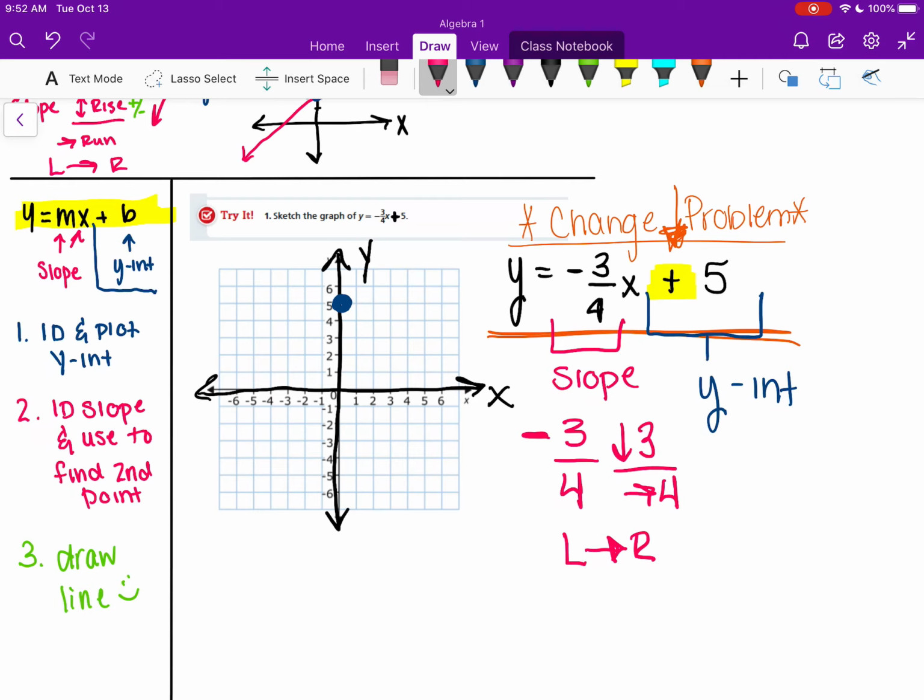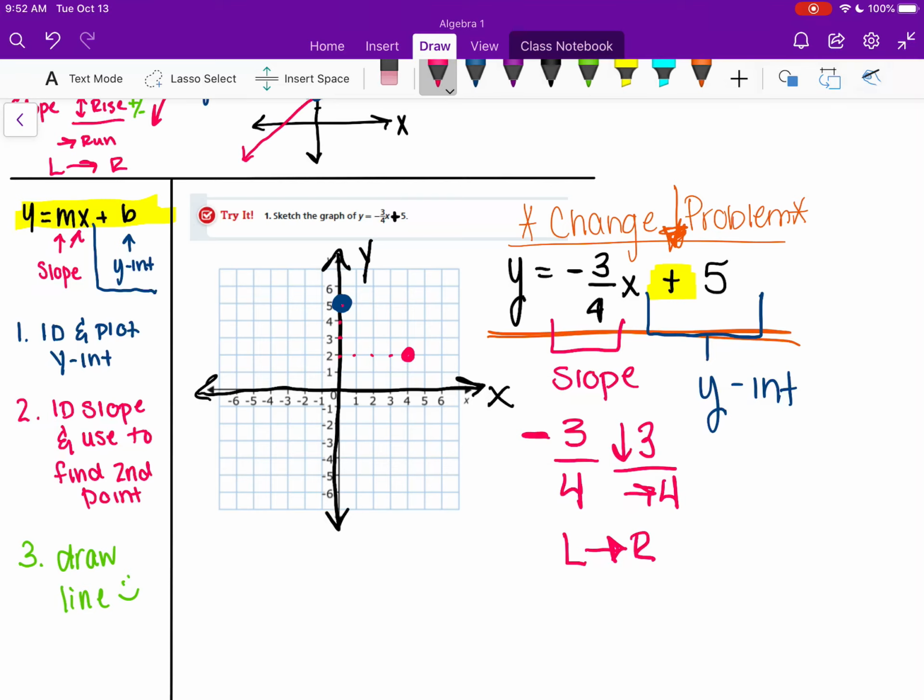So I'm going to start at that y-intercept because that's a point that I know on the line. And I'm going to go down 3, 1, 2, 3. And then I'm going to go over 4. 1, 2, 3, 4. And I'm going to plot a point right there. So we did step 2. We identified the slope and we used it to find a second point.